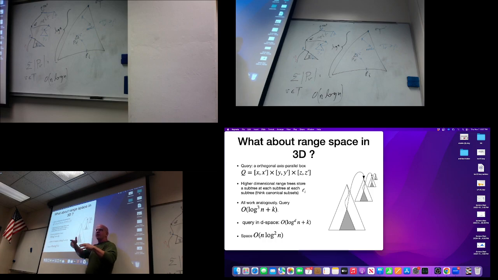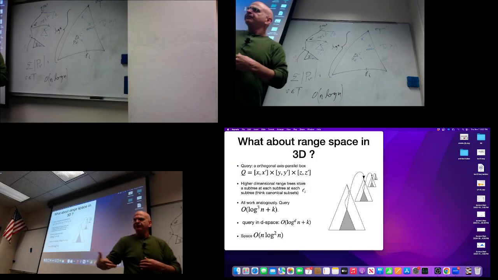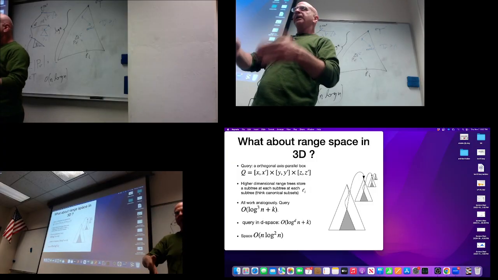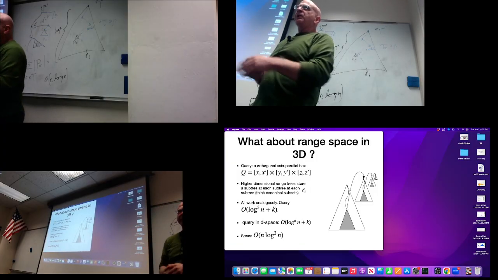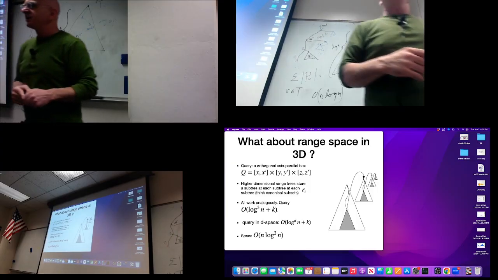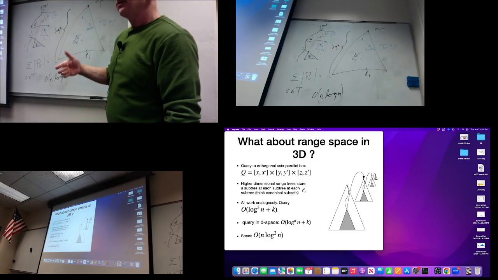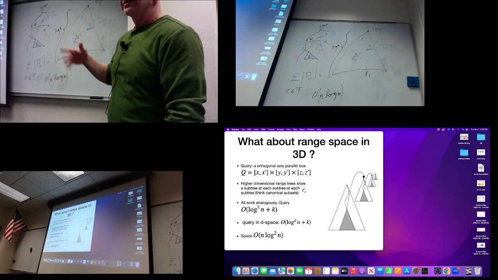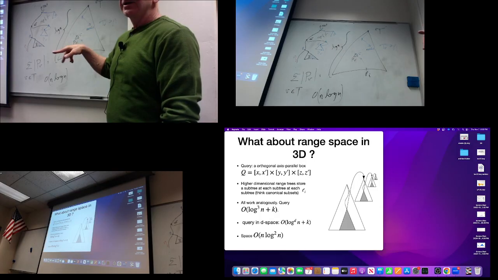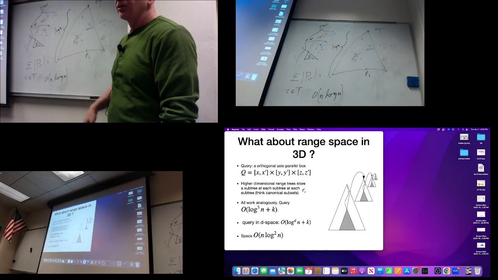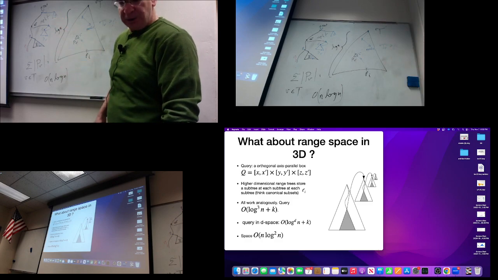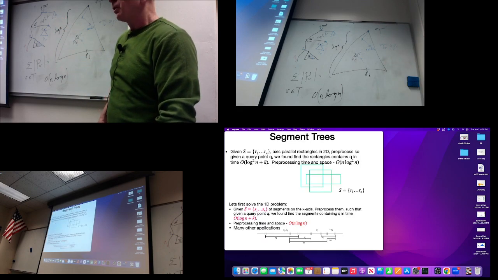And I just want to express it as an intersection of simpler queries like only X, only Y. It doesn't need to be coordinate criteria. Any range query defined by intersection of various orthogonal criteria, do this multi-dimensional search tree and it will work.